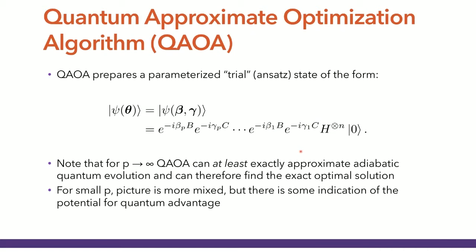For small p, the picture is somewhat mixed, but there are some results indicating the potential for quantum advantage. For example, there are demonstrations that, due to a different mechanism, QAOA can outperform simulated annealing and quantum annealing for certain classes of problems.